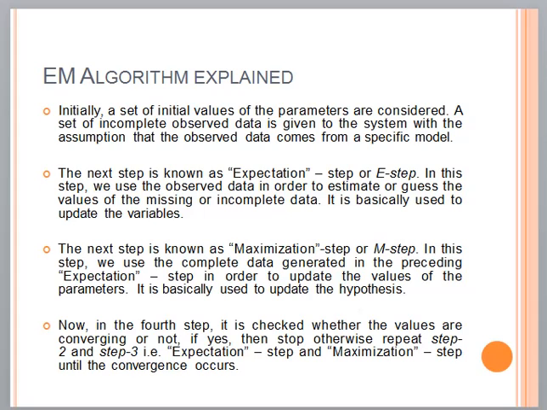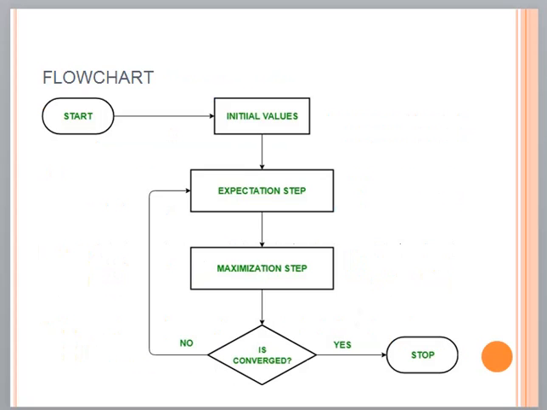If convergence is reached, then we can stop. Otherwise, we need to repeat the E step and the M step again and again until we reach convergence. So this is a very simple flowchart of the EM algorithm. We have some initial values here, and we have two modes here, one is the E step and the other is the M step, and then we continuously check the convergence. If there is no convergence, we need to repeat these two modes, and if we reach convergence, we stop our algorithm.